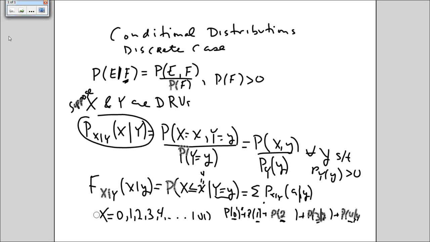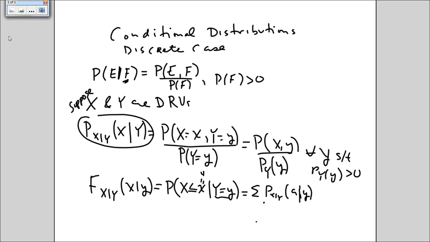If we use our numerical example, we want a to be less than or equal to 4. But in the general case, it's not really 4, that's little x. We want the a's to be no bigger than little x. That is, whatever values that X can take on that are less than or equal to little x, we find P of that value given y and add them all up. So that makes sense, that is the formula.